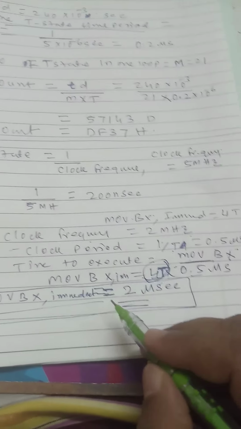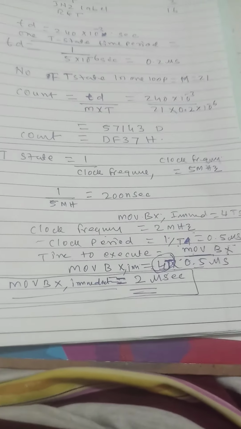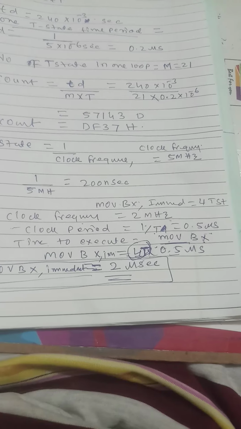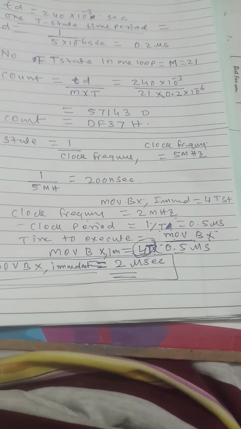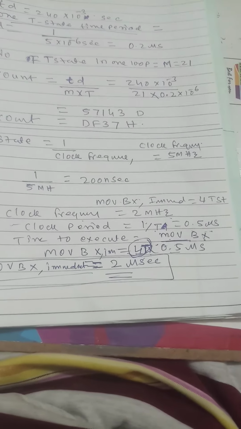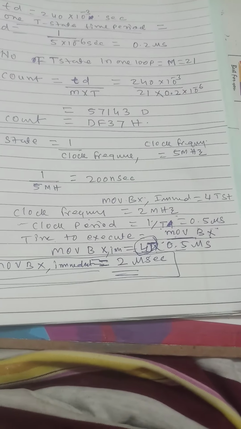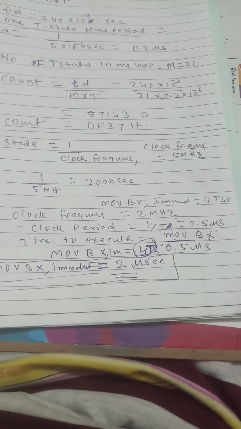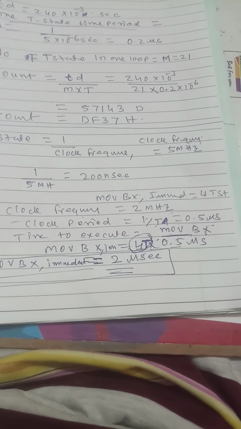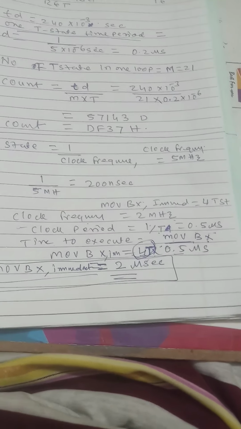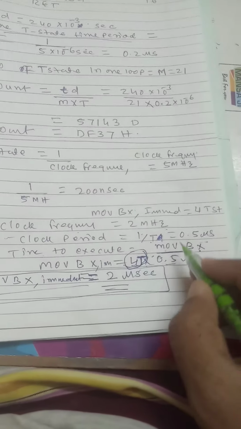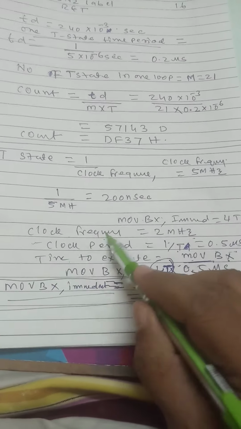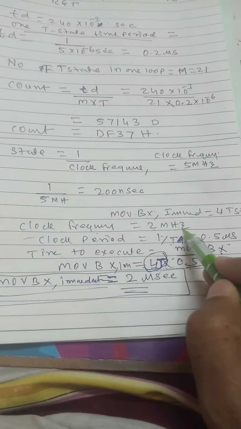So what do I have to do? How to calculate the time taken to execute the MOV BX comma immediate instruction? That time we can calculate by multiplying the number of T states by 0.5 microseconds. We got this 0.5 microsecond from the clock frequency of 2 megahertz.